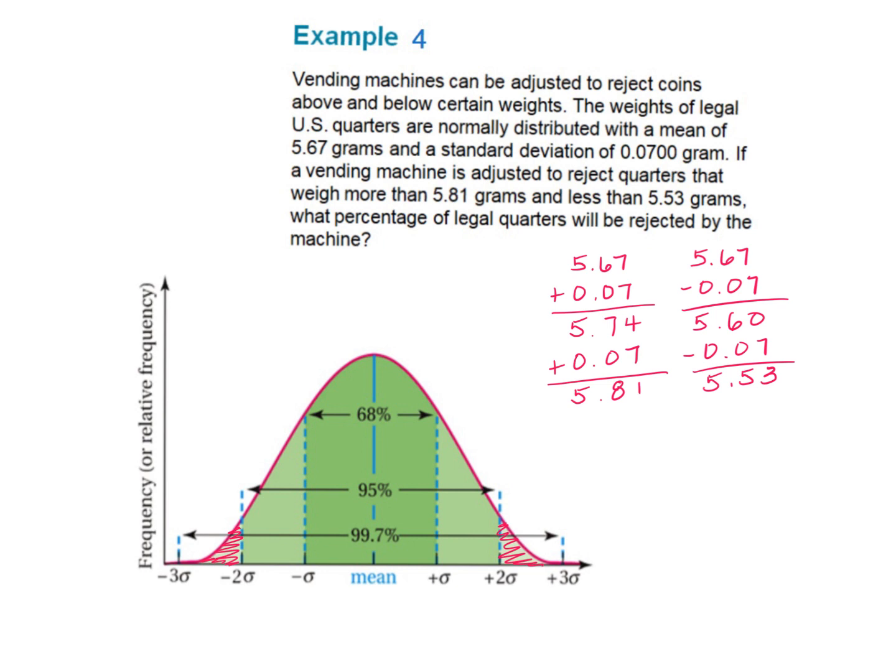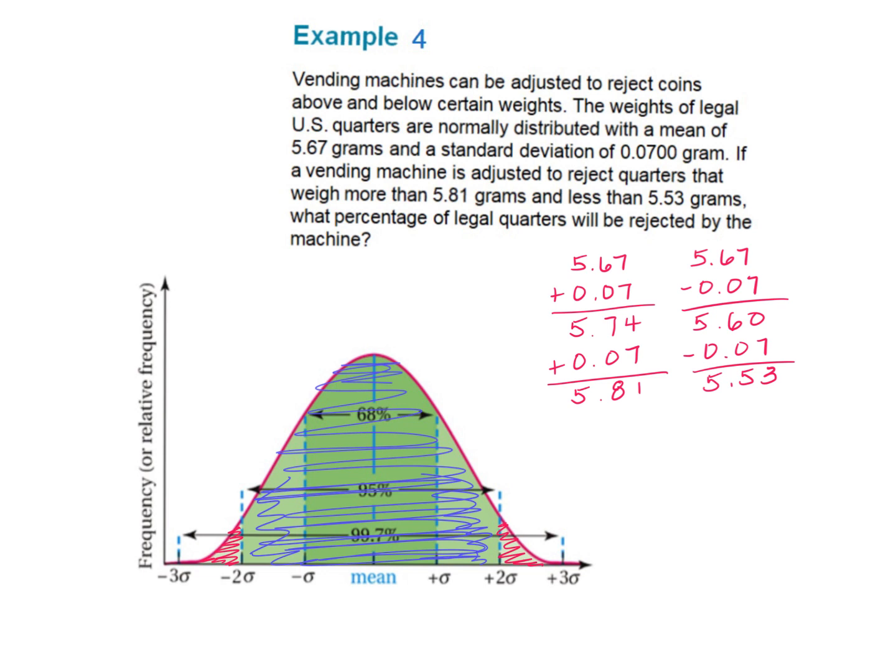So what I can say is that what I'm going to keep then is actually 95% of the data, because that's what's in the middle there. Let me shade that in blue. So there's two ways to think about this, but basically you can say this is what I'm keeping, the 95%, or what's shaded in red is what I'm not going to keep, which would be the 100 minus 95%.